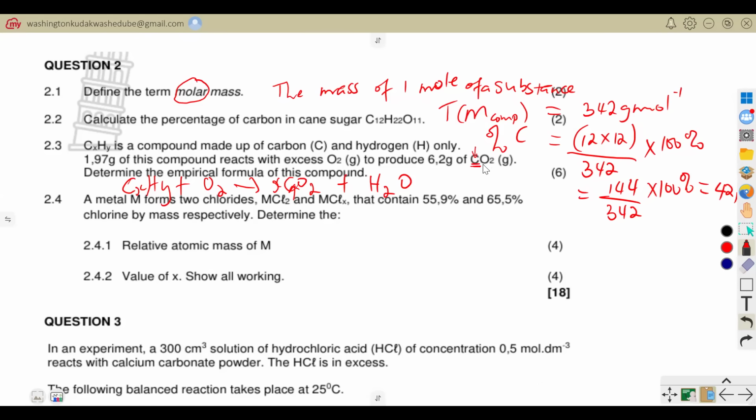In terms of mole ratio, I have got one atom of carbon reacting with two atoms of oxygen.